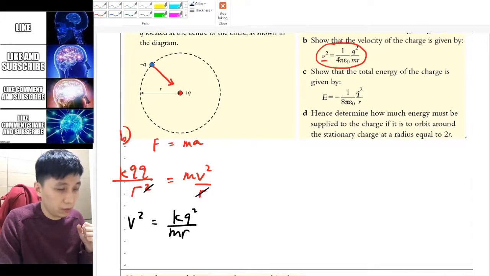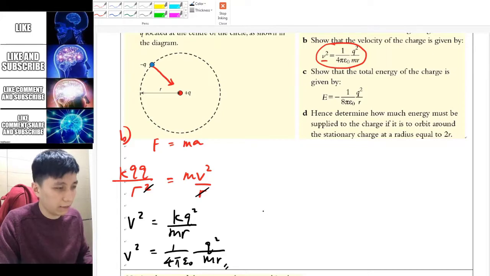If you compare yours with the answer, that basically is the answer already, because k by definition is 1 over 4 pi epsilon, so Q squared over 4 pi epsilon m r, exactly like what they have.